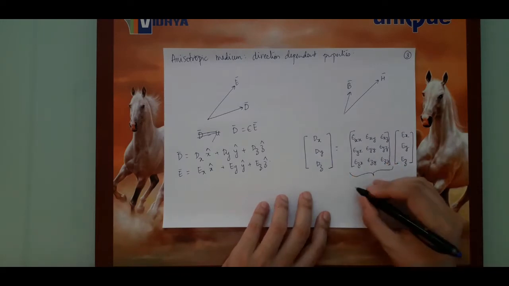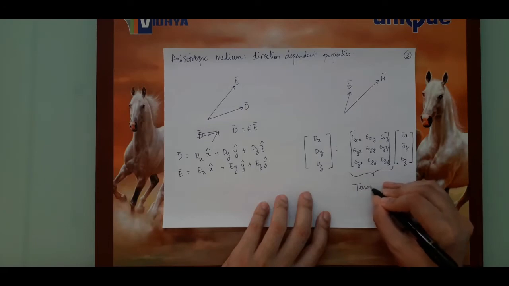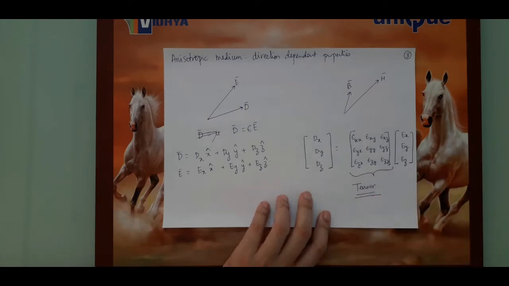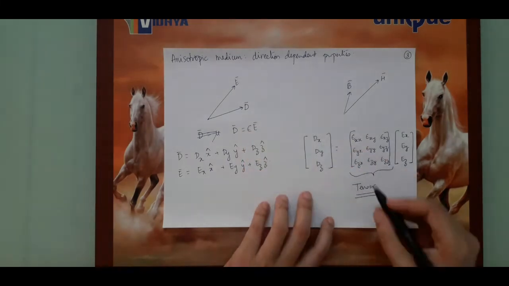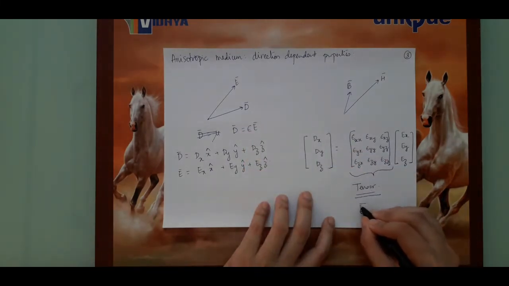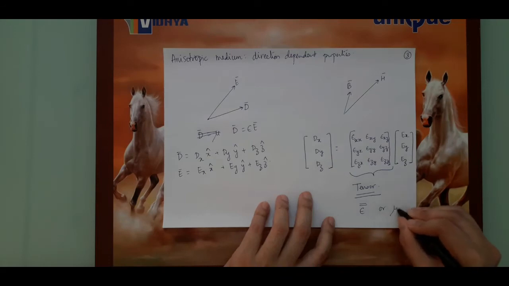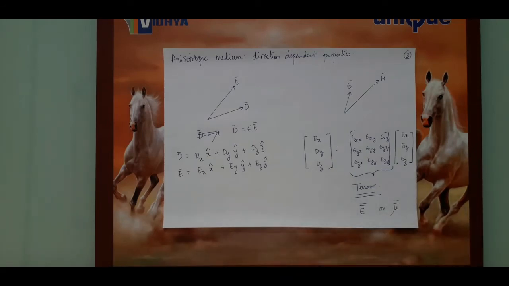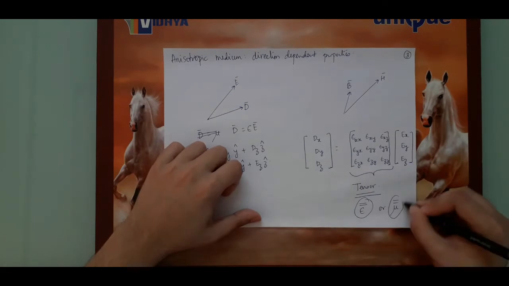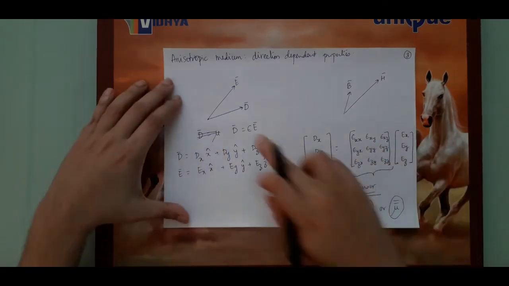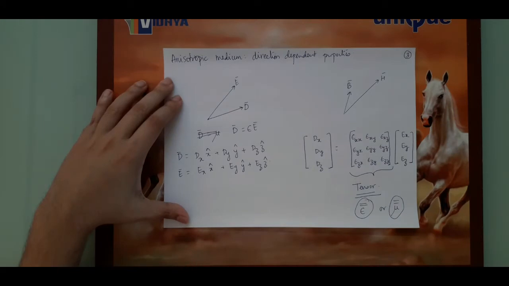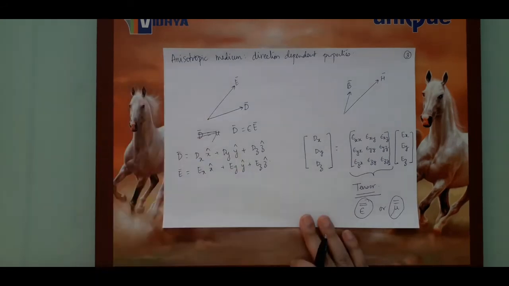This kind of representation is called a tensor. And now epsilon is written this way, epsilon with double bar, or mu with double bar. These are called tensors, which have to be represented in the form of a matrix, not a number. So this is a brief idea of isotropic and anisotropic medium. The discussion about anisotropic media is beyond the scope of this course, but there are a lot of media like that.